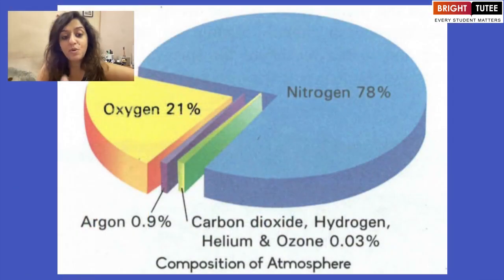Coming to a very important aspect, which is atmosphere. If you see the pie chart here, it shows the composition of the atmosphere, the different gases that we have: the amount of oxygen, nitrogen, argon, carbon dioxide, and other gases. What is the importance of atmosphere in our life?